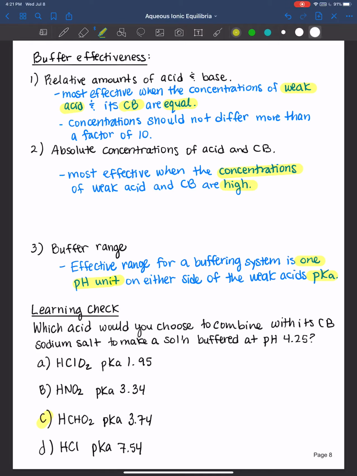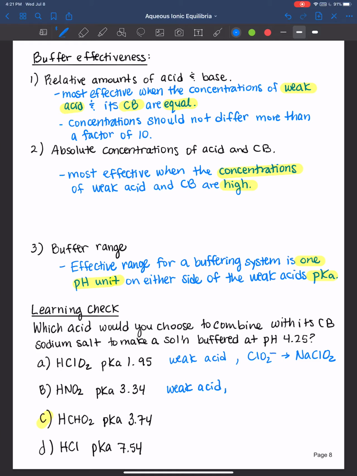So first things first is to make note, are you working with weak acids or a strong acid? So the first one is a weak acid, so that's great. And its conjugate base would look like this, right? And if you purchase the sodium salt, it would look like sodium ClO2. Nitrous acid is also a weak acid, so it's like, all right.